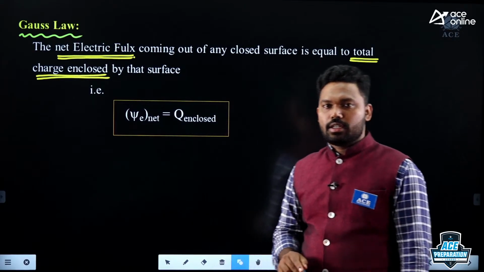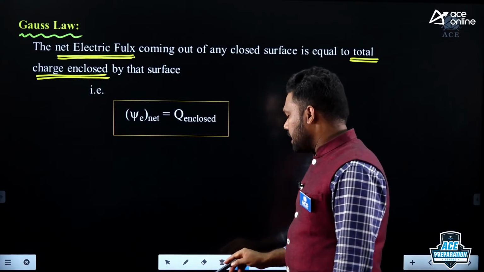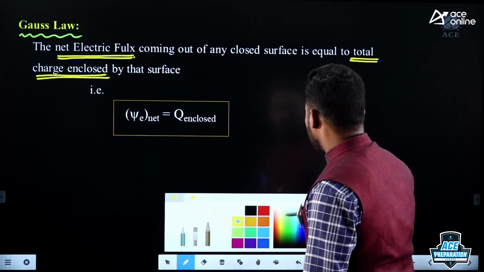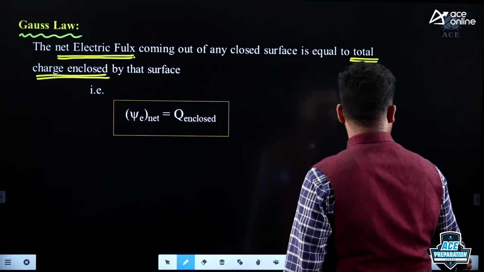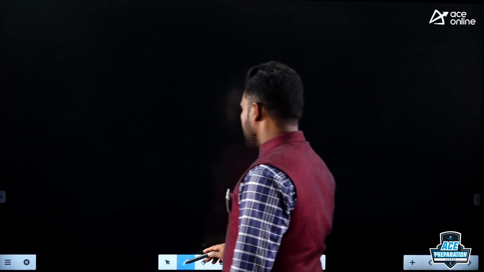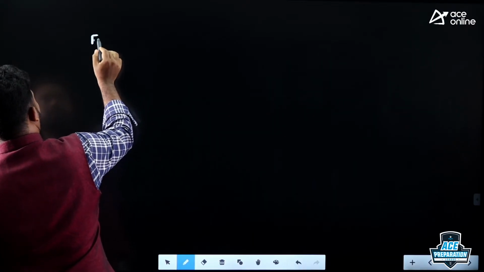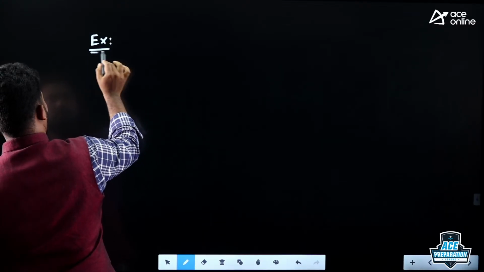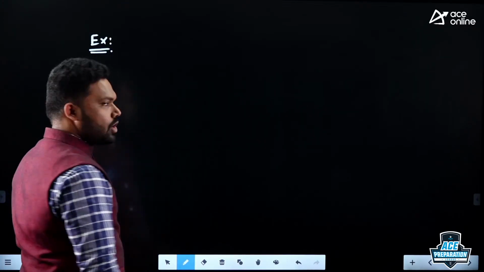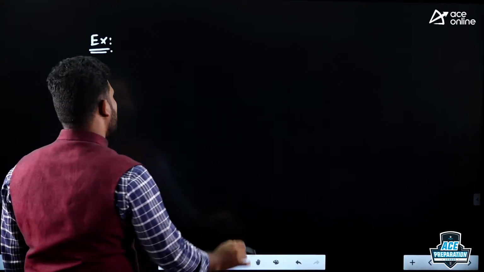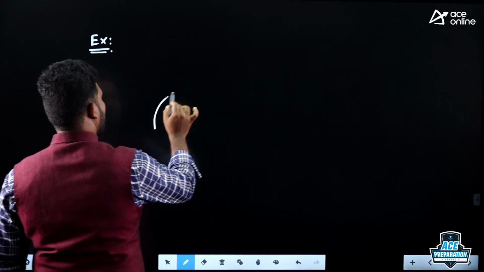Let us try to understand the meaning of this with the help of some diagram. Okay, fine. Let me turn the page here. Now let me take some example so that you will appreciate this. Let us consider a closed surface, something like a balloon.